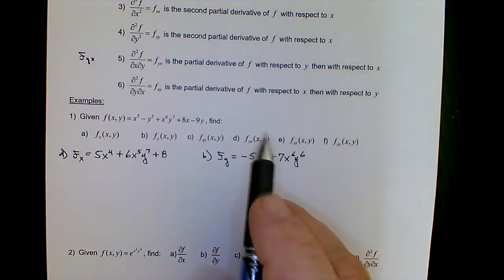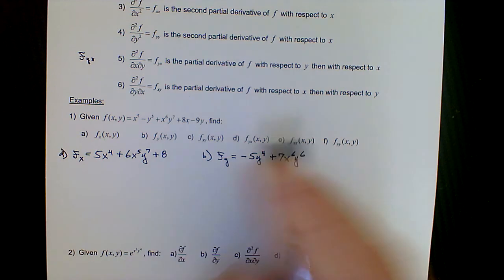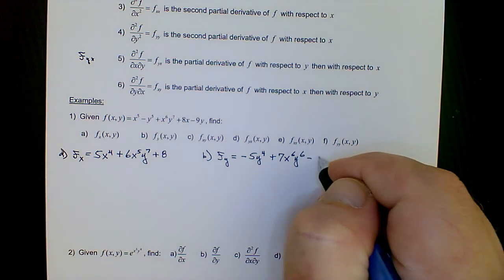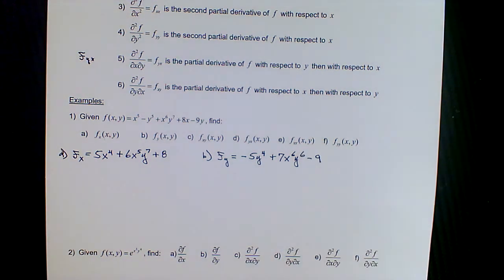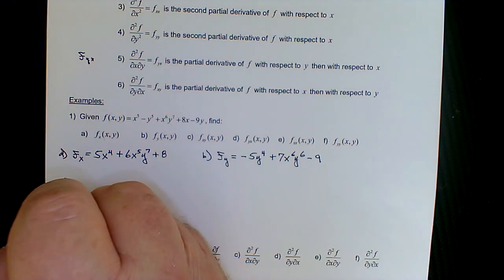And then the derivative of 8x, since x is a constant, is 0, and the derivative of negative 9y would just be negative 9.